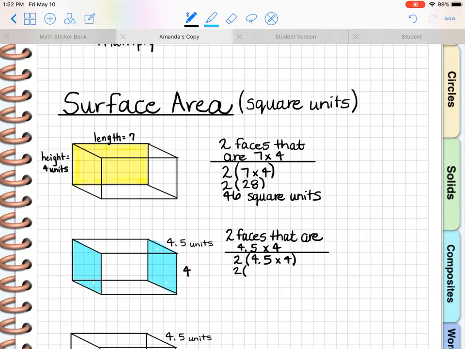I'm borrowing a calculator from my friend because I don't know. That's 18. And then 18 times 2 is 36 square units. So the blue sections are 36 square units.